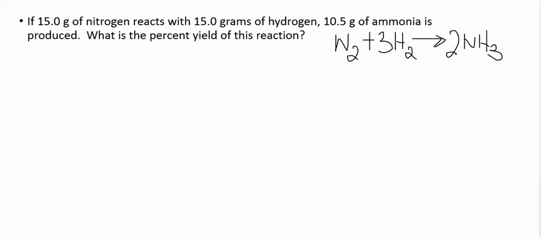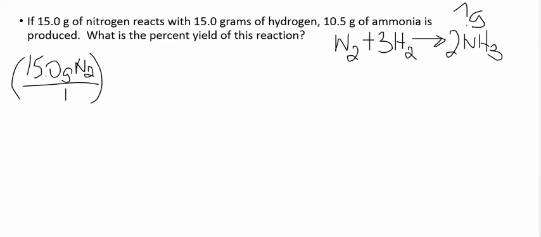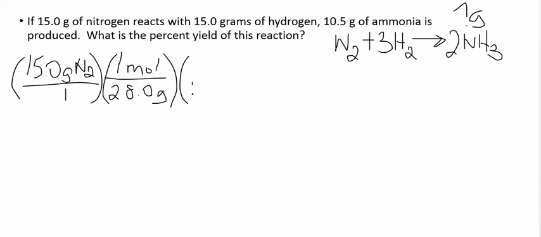Okay, we have 15 grams of both reactants. So what we have to do is set up 2 separate equations. We have 15 grams of nitrogen and 15 grams of hydrogen. So we'll start with the nitrogen. We want to solve for the theoretical yield of NH3. So we're going to take the 15 grams of nitrogen. We're in grams, we need to go to moles. 28 grams per mole. Once we get moles of nitrogen, we need the mole ratio.